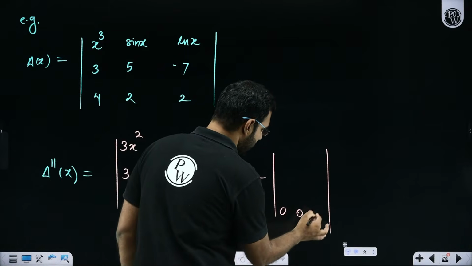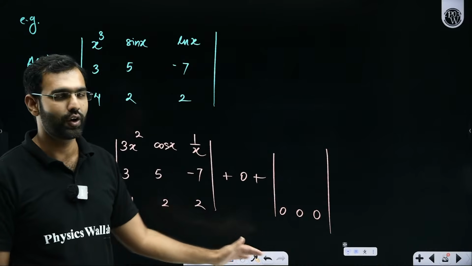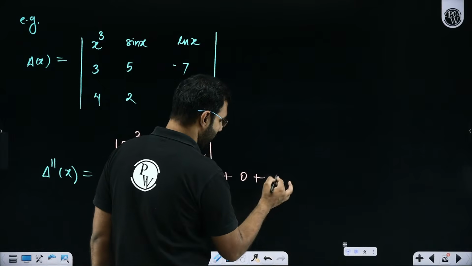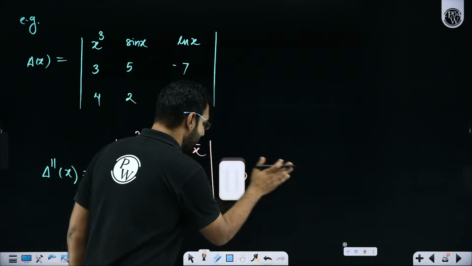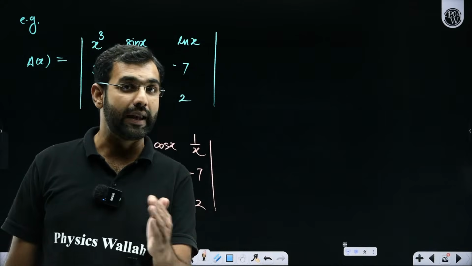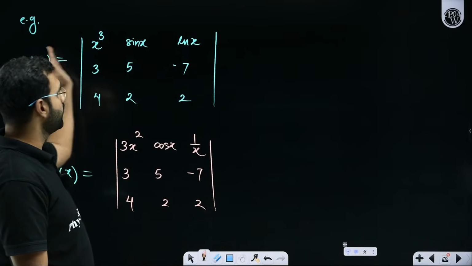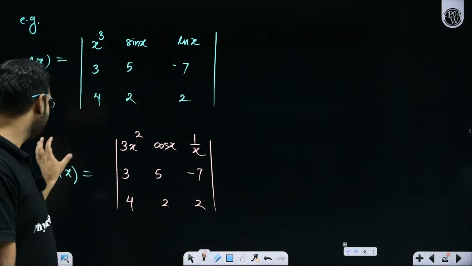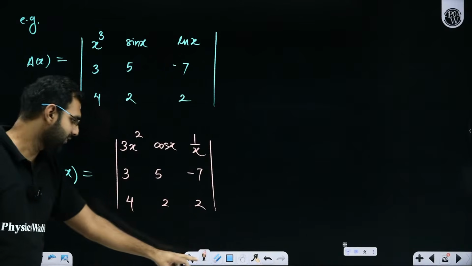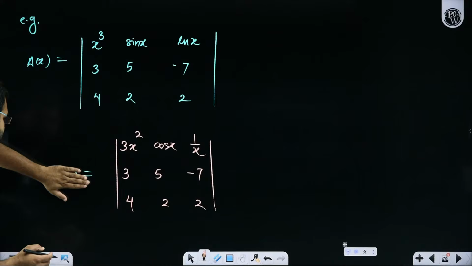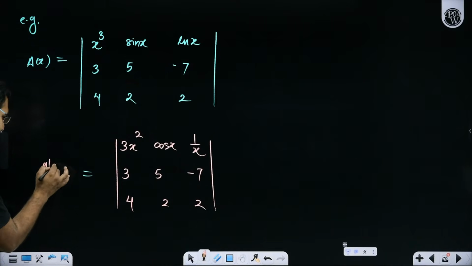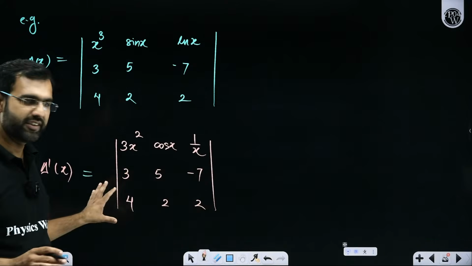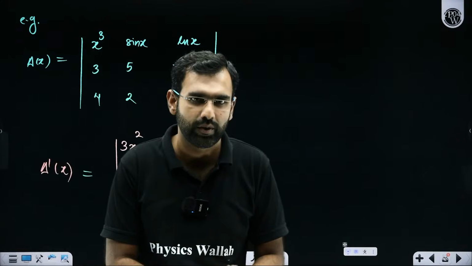So if you differentiate them, they'll be 0, 0, 0. And this determinant has third row as all 0. So the expansion of this determinant will be 0. So 0 plus 0 is nothing, so it does not affect you. So finally, this is what you get. I am trying to highlight something very beautiful. If a determinant has only one row or one column in terms of x, and other rows or other columns are constants, then its derivative, although it is not the second derivative here, it is the first derivative del dash x, you can find very easily by simply keeping other two rows as they are. Just differentiate that row which has x or the variable.